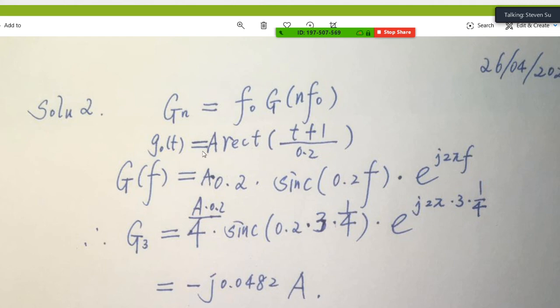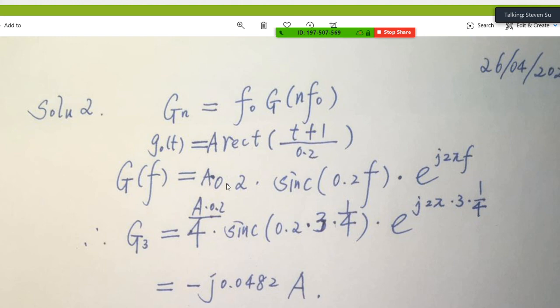So here is the original function, right? I only pick one rect function, and then I can do the Fourier transform. The Fourier transform is very straightforward. It has properties, and then you can directly write the Fourier transform like this. First, a scalar.